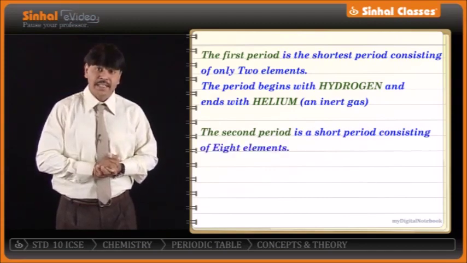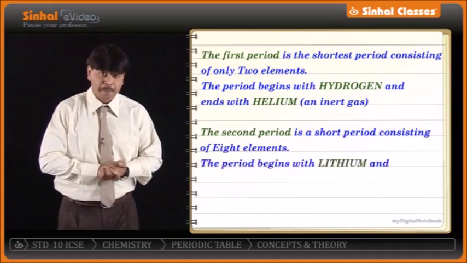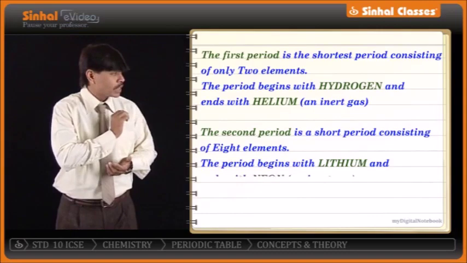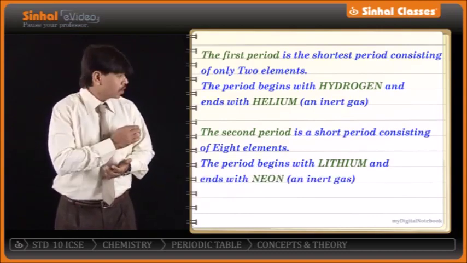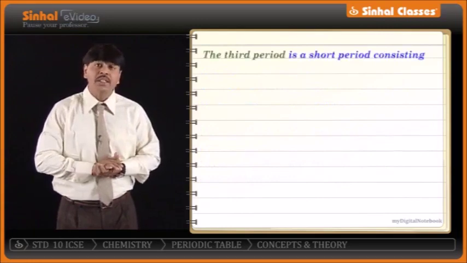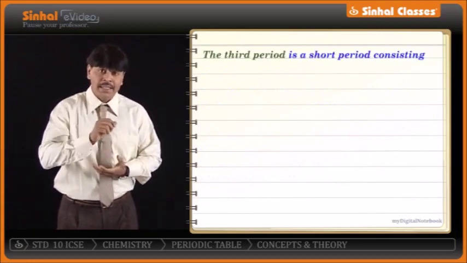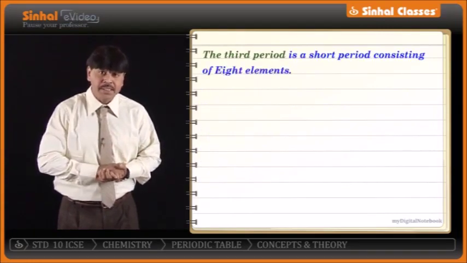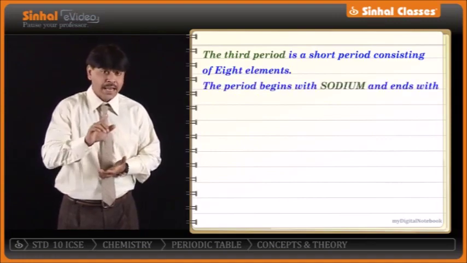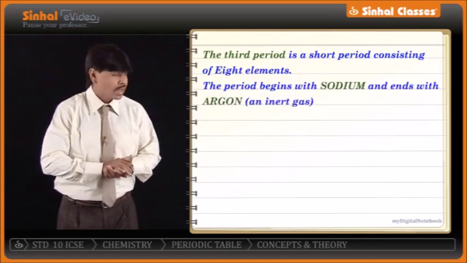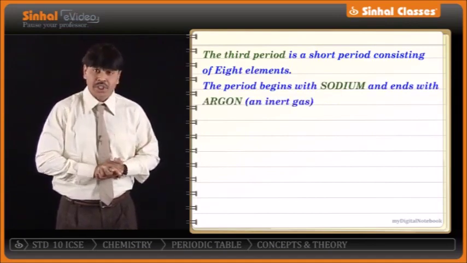To begin with, it starts with lithium having atomic number 3 and ends with neon with atomic number 10. The third period is also known as a short period, again consisting of only 8 elements. To begin with, it starts with sodium and ends with argon having atomic number 18.